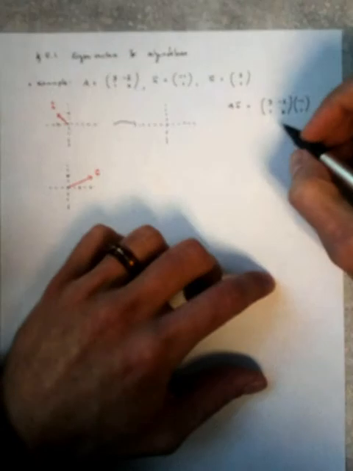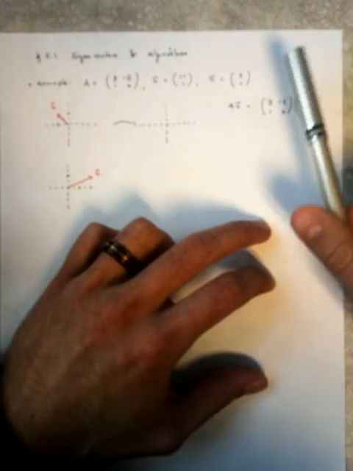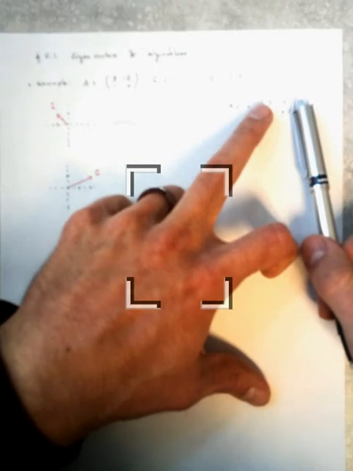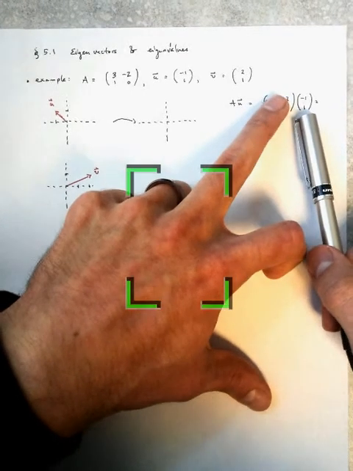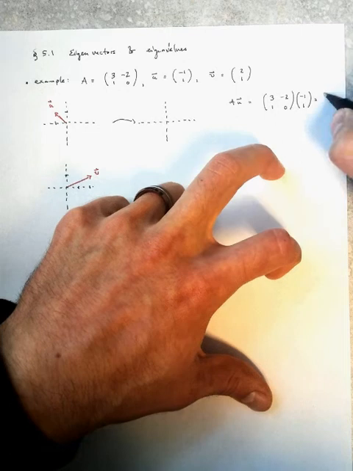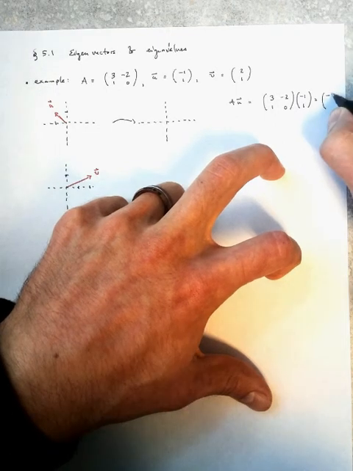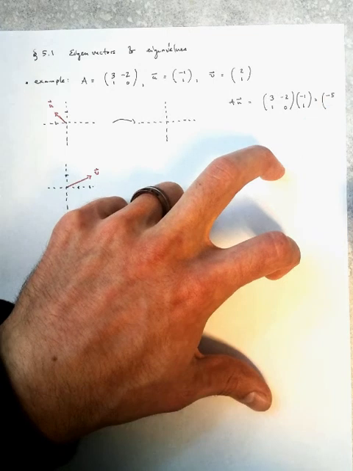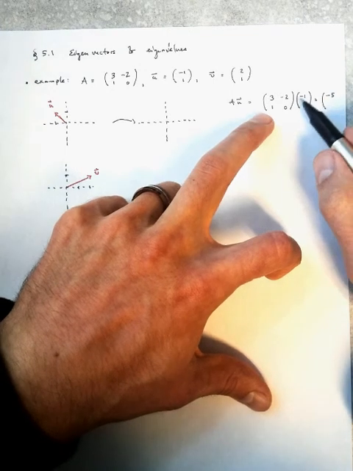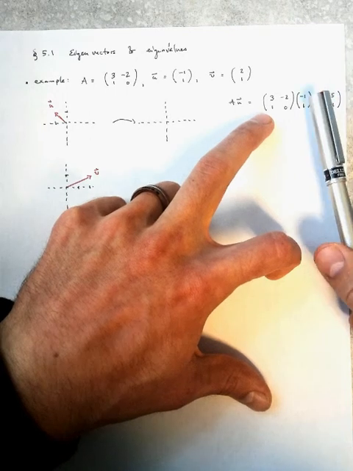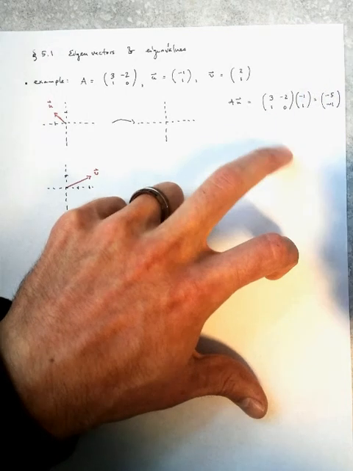Right? We want to actually compute what this is, right? So you do the row column rule. So you do 3 times negative 1, and then negative 2 times 1, and what do you get? Looks like you get negative 5, right? And then for the other side you get negative 1, because it's negative 1 times 1 plus 1 times 0, right?